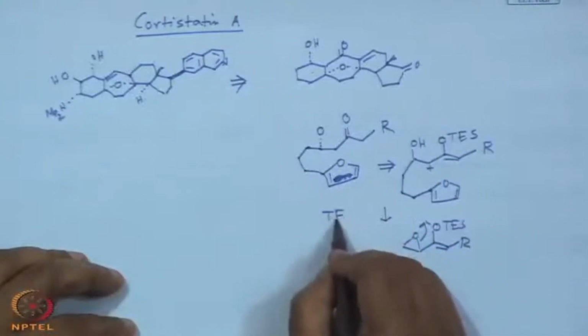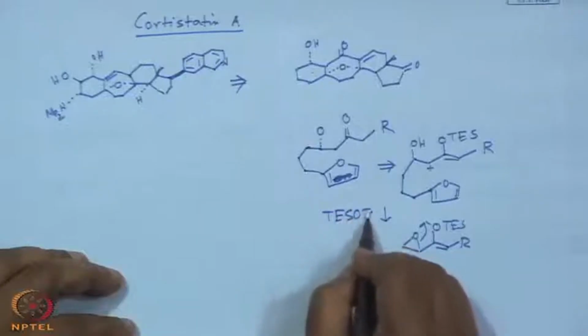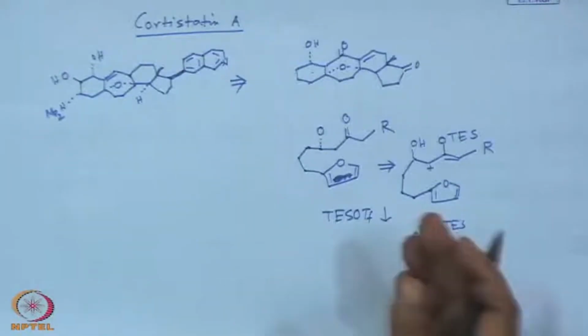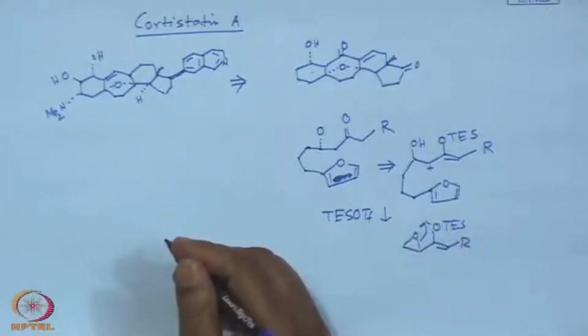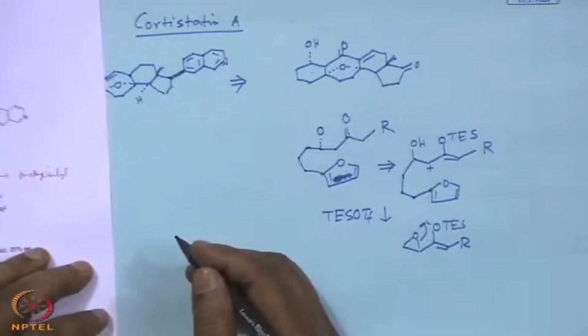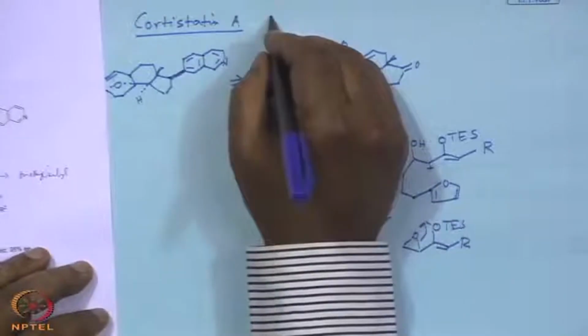So, if you have an epoxide here, all of us know, under the influence of acid, in this case the acid here is TES triflate, acid triflate. Okay. And this is the reaction that has been used.